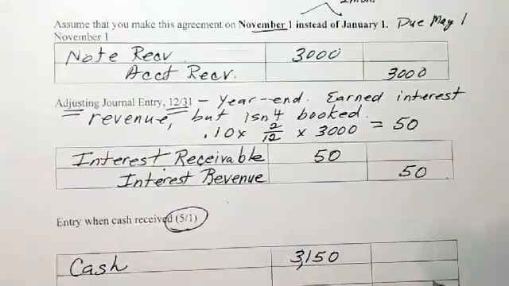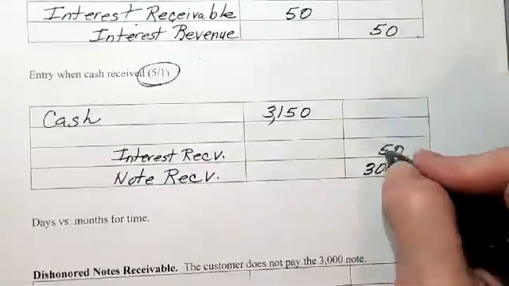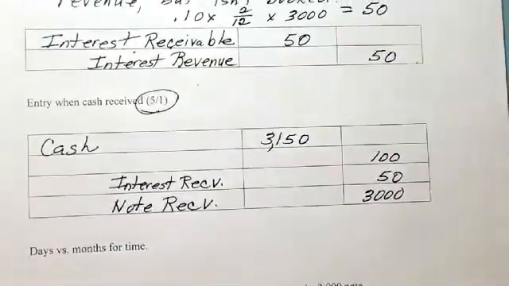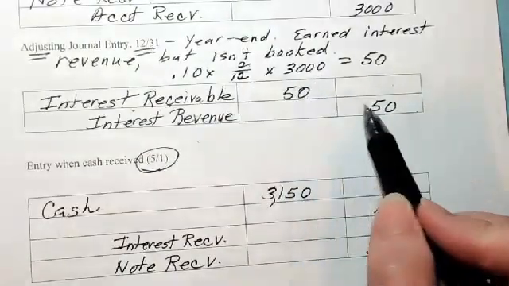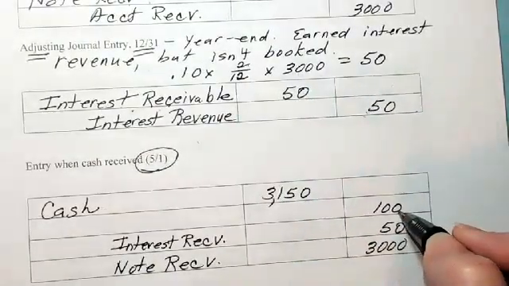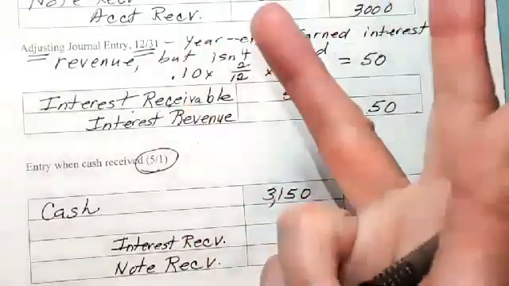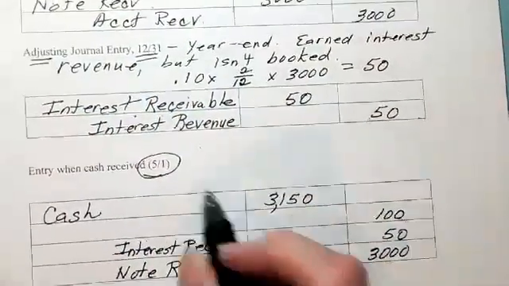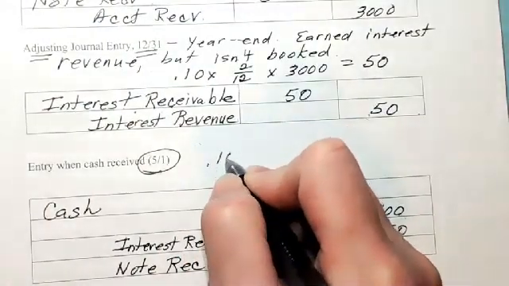I've got a little hole here because that thing doesn't balance. I need an extra $100 here. And what should that be? I have 2 of the 6 months in this 50. That means the next 4 months, which would be January, February, March, and all of April, are going to go here. So it's always a good idea to calculate it just to make sure you don't mess up.